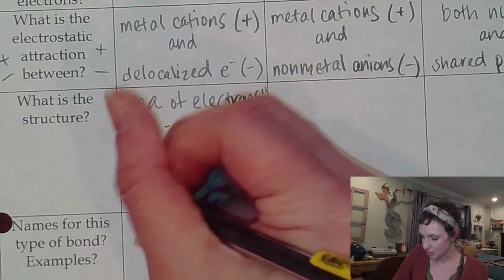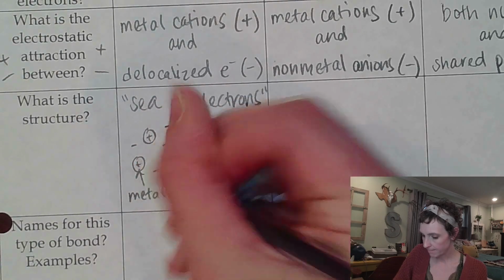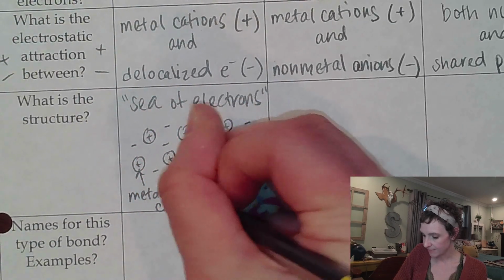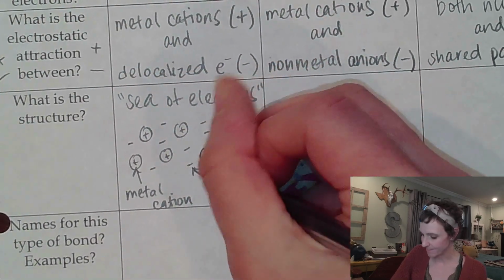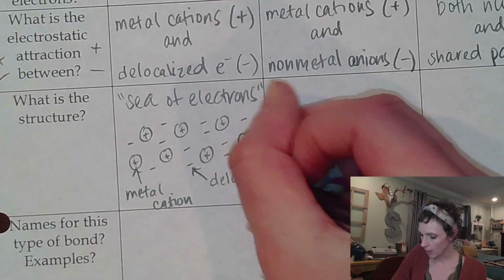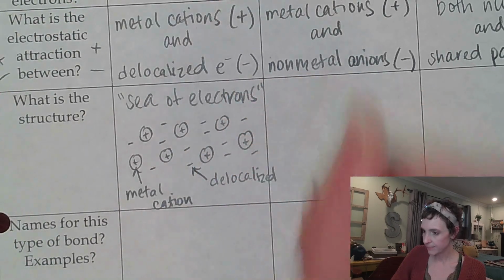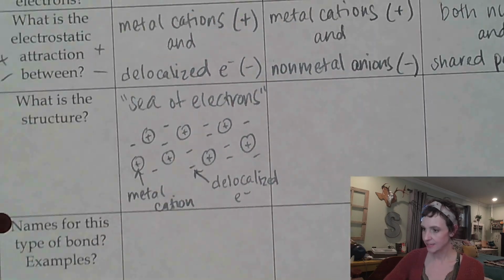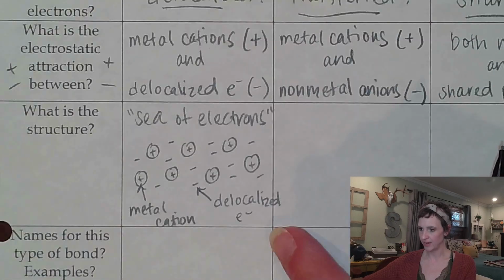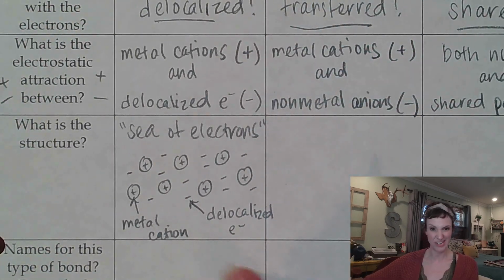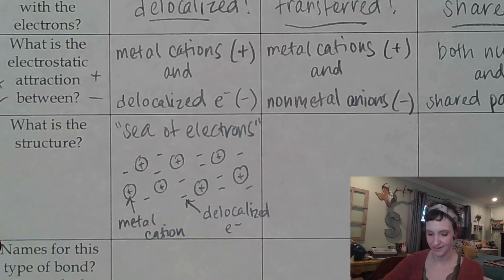This one is a metal cation. And these dashes represent my delocalized electrons. So here we've got a nice little flowchart picture of what is going on to create this metallic bond, which is very satisfying for me.